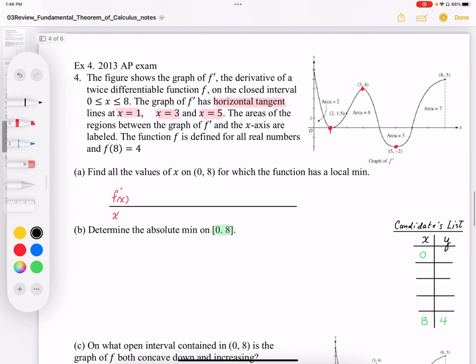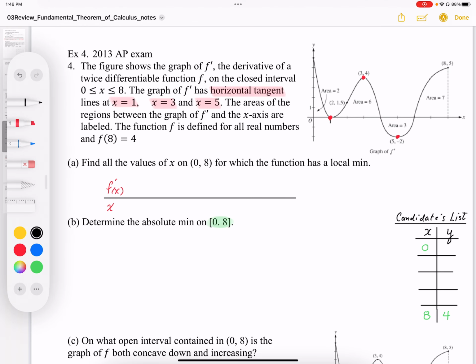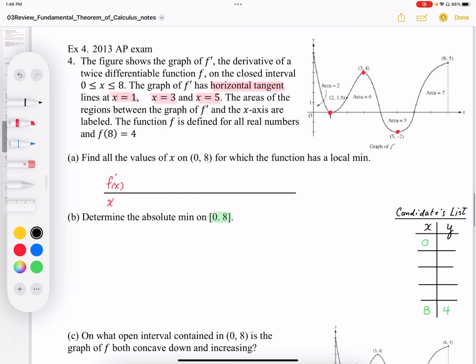So example 4 is a 2013 AP exam question. It says the figure shows the graph of f prime, so this is a derivative function shown to the right. The derivative f prime, the derivative of a twice differentiable function f. That means the function is smooth and continuous, the derivative is smooth and continuous, and the second derivative is continuous.